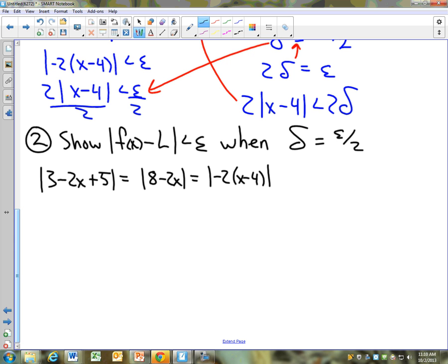I haven't taken out the negative 2 yet. When I take it out, it becomes? Very good. Now I have this, don't I? So I make it less than 2 delta. So now I was able to use my less than sign. And 2 delta is the same as 2 times epsilon over 2, which is the same thing as epsilon. We've done it.